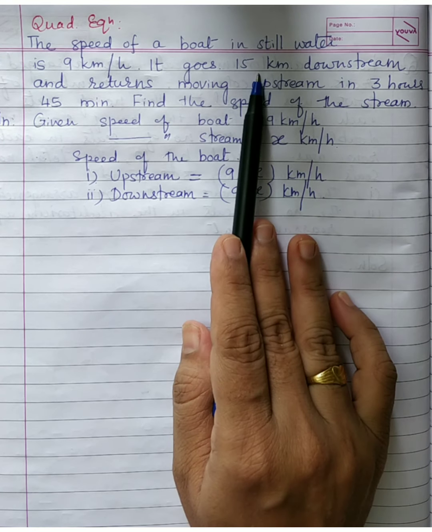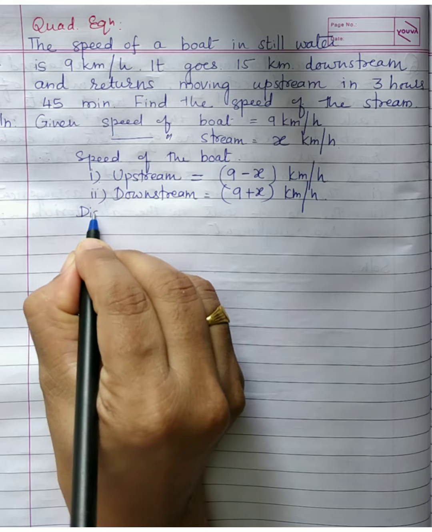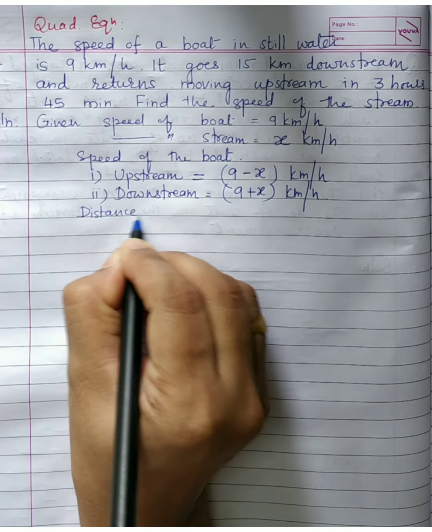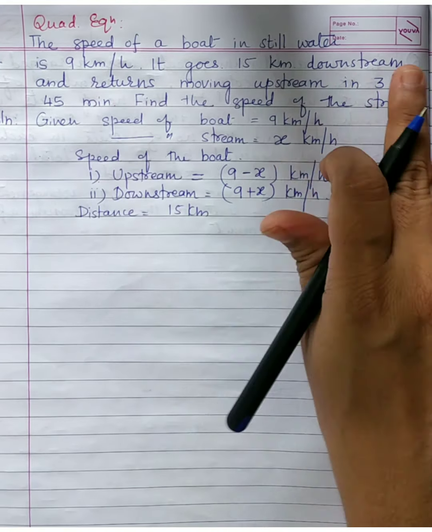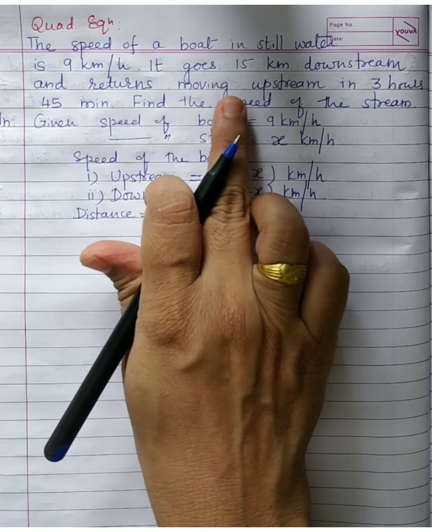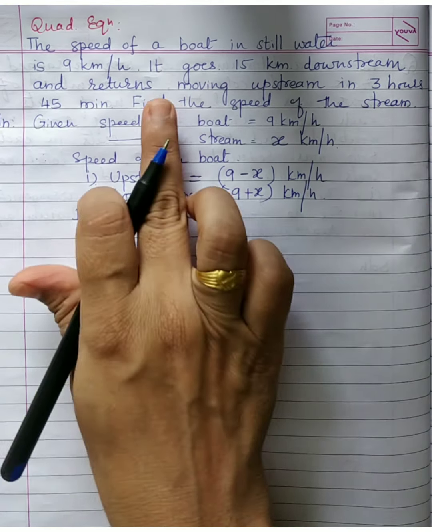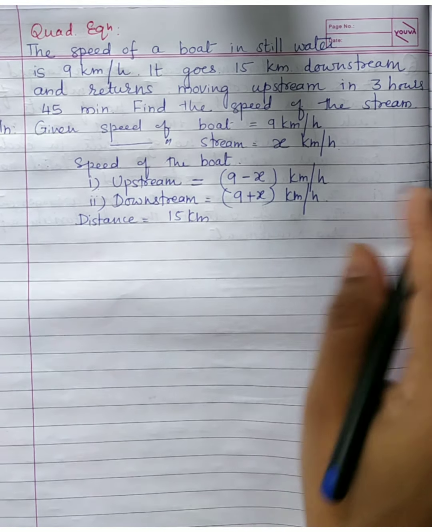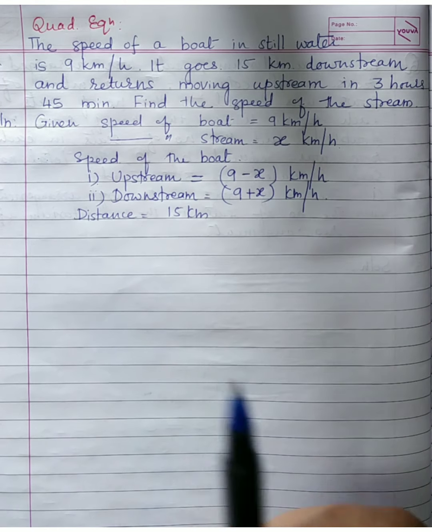It goes 15 kilometer, so distance is 15 kilometer downstream and returns moving upstream in 3 hours 45 minutes. So the time going downstream and coming up again, total time is 3 hours and 45 minutes.